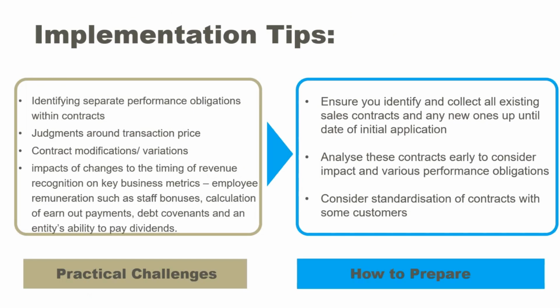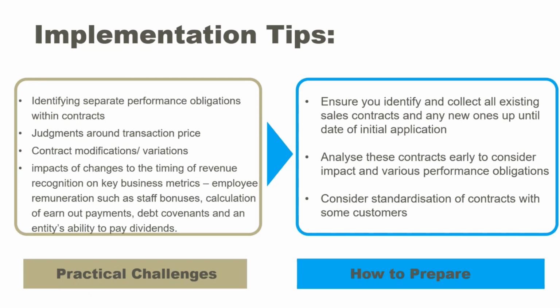So to finish with some implementation tips. Identifying the separate performance obligations within a contract does involve a lot of judgment, and it can be something that's quite difficult to get your head around. So I would recommend thinking about that element of it sooner rather than later, particularly if you have lots of different contracts with lots of different elements.